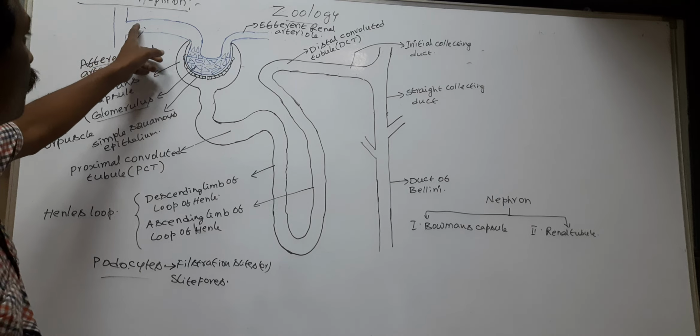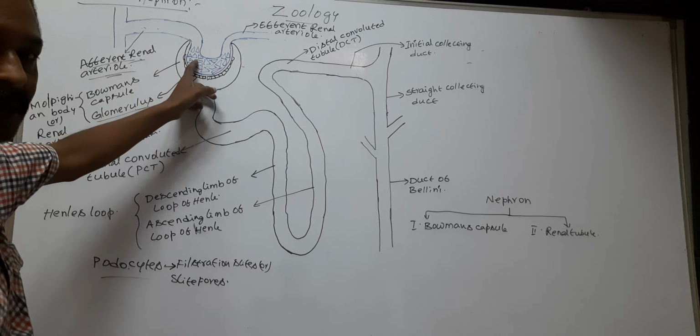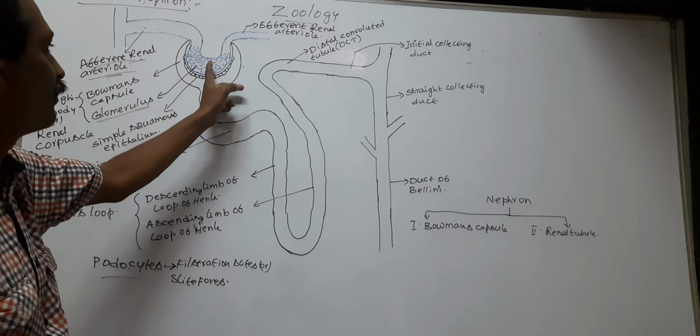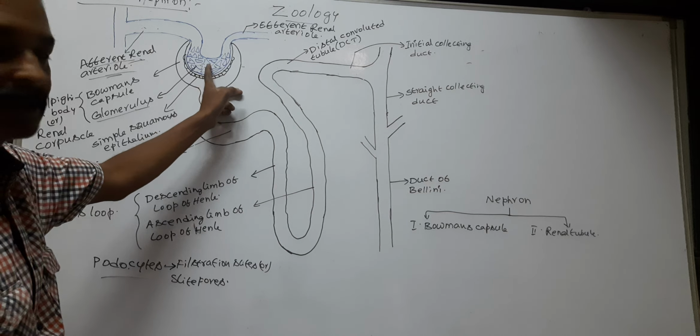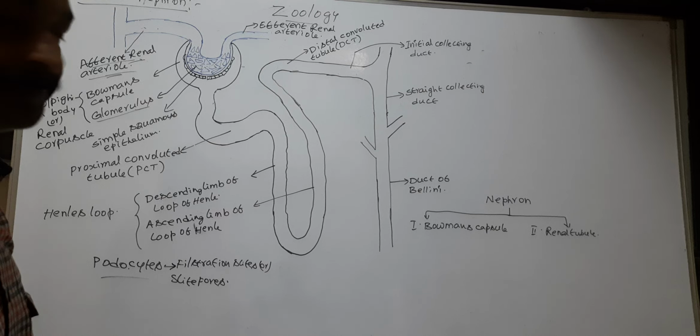So the blood passes into glomerulus through afferent renal arteriole and passes away from the glomerulus through efferent renal arteriole.